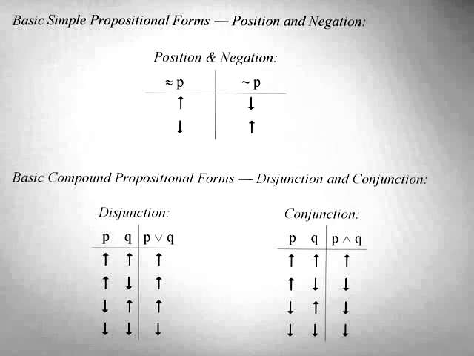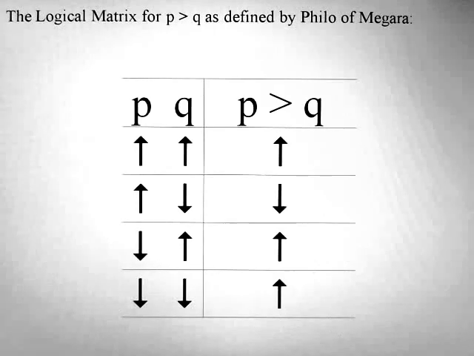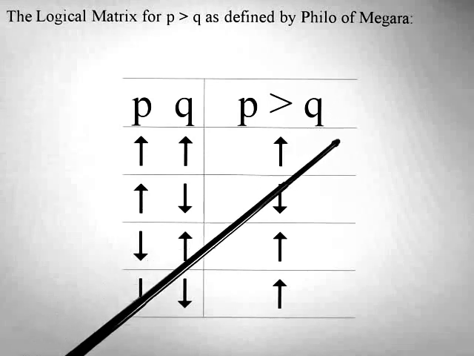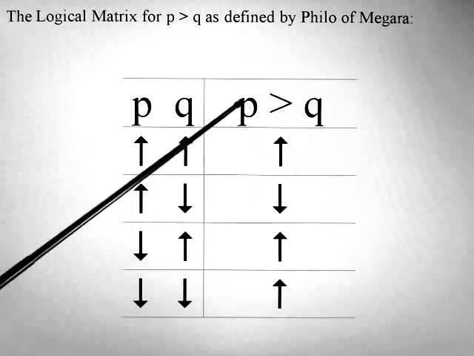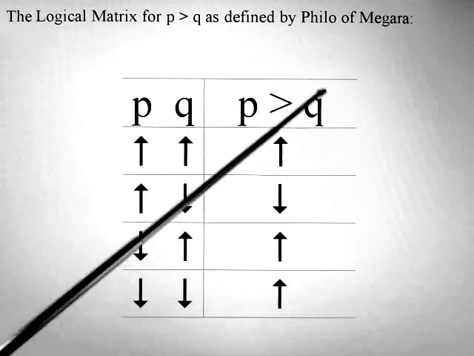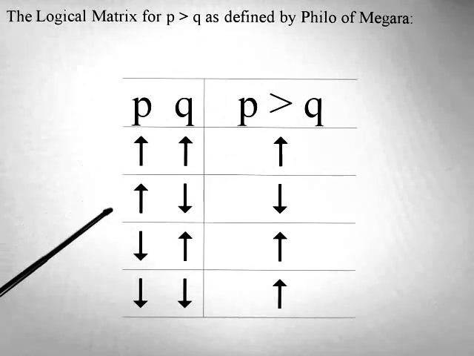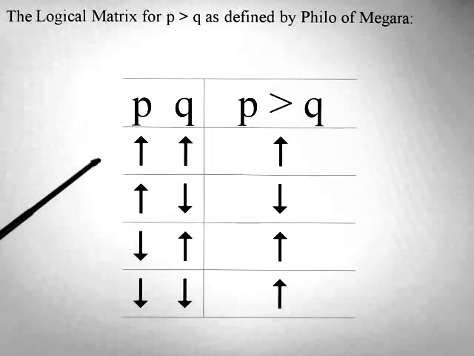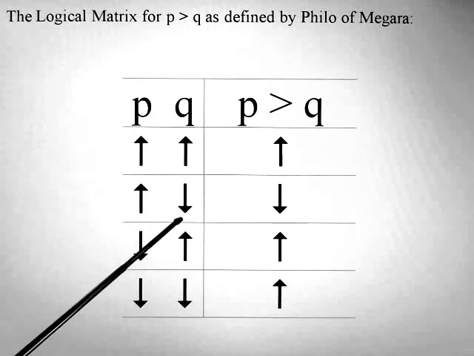As it turns out, the ancient Greek philosopher Philo of Megara introduced the notion of implication into his logic, and he defined it in such a way that an implication, such that P implies Q, or in other words, you can infer Q from P, this is the inference that we're talking about, P implies Q will be false only when P is true and Q is false, because of course then you're saying that a true proposition implies a false proposition.